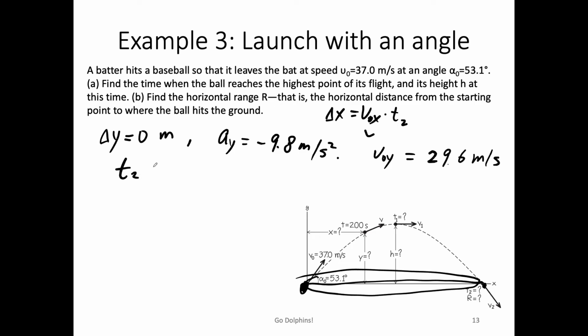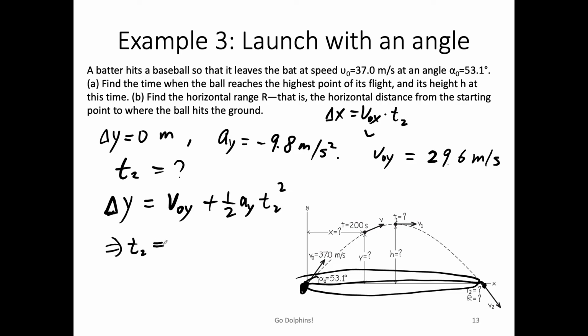And what is t2? So we need to find the equation that can help us solve for t2. I checked those 5 kinematic equations and found the third one contains these 4 variables, and I can solve for my t2 from this equation. It gives me 6 seconds.